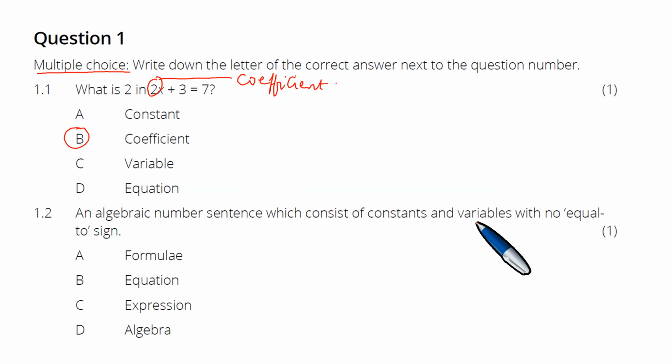Formula. Okay, that sounds very, very interesting. But now, we did a formula for, what is the formula for the perimeter of a square, for example? What do you think?